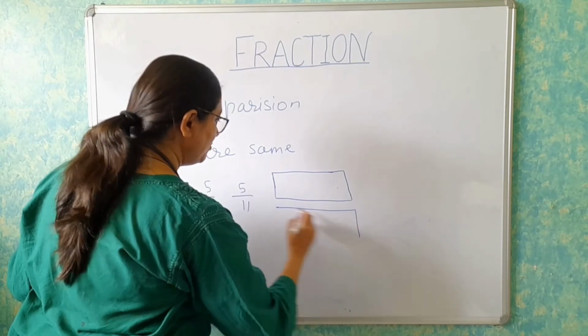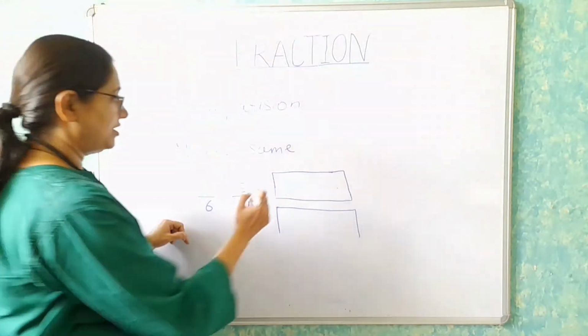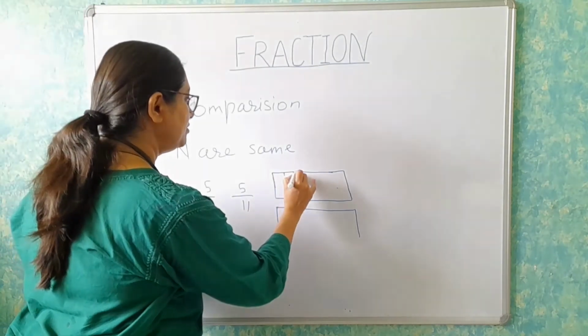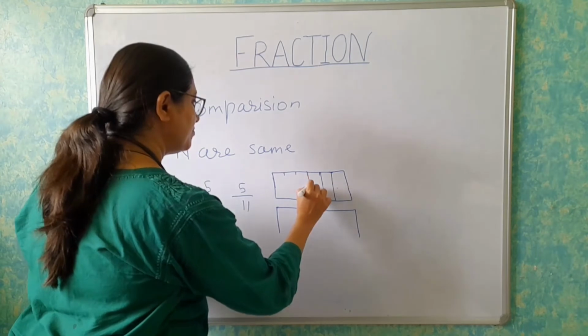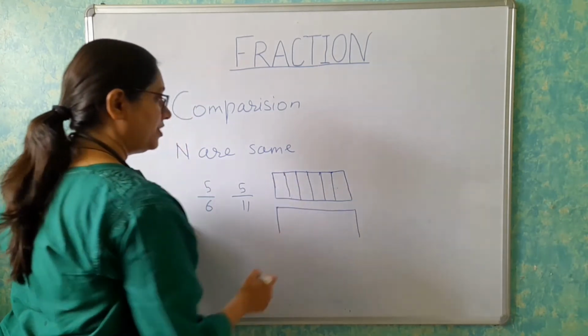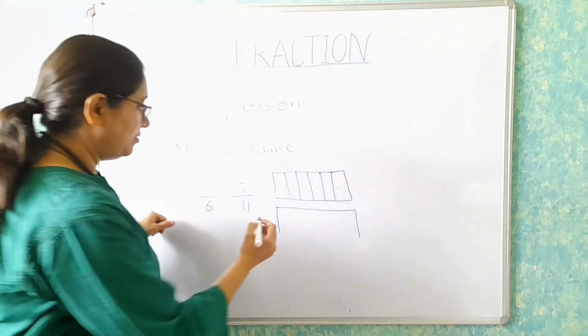But first time we have to divide it into 6 equal parts, 1, 2, 3, 4, 5 and 6. And in second case we have to divide the rectangle into 11 equal parts.